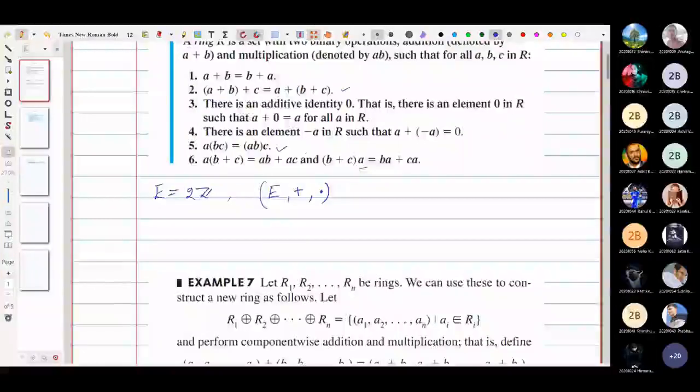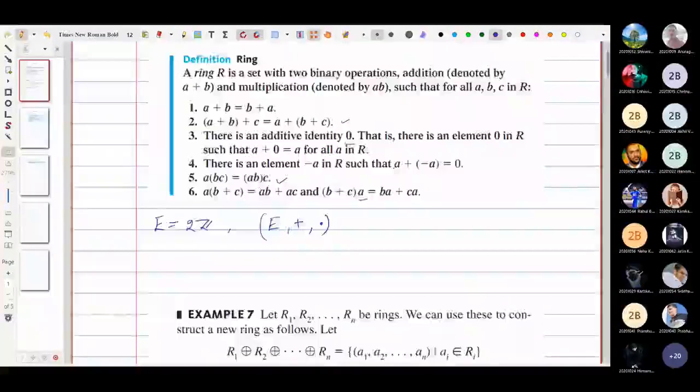Additive identity is 0, because 0 very much belongs to this set of even integers. Okay, so E with plus is going to be an abelian group, as you know, and with dot it is a semigroup. And distributivity, of course, holds. So this is going to be a ring.